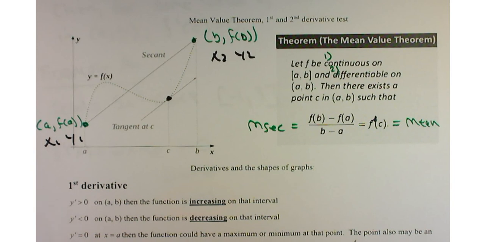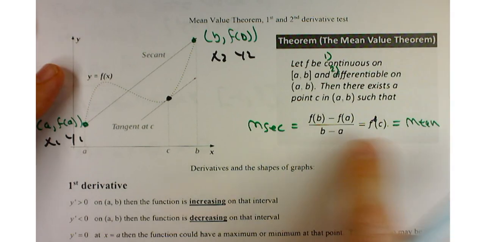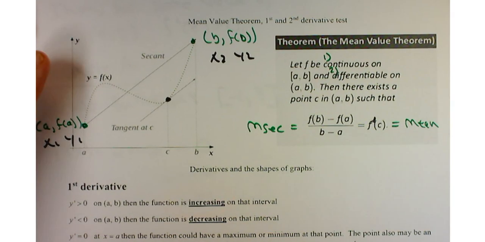Now your first glance at this might be to say, well, okay, big deal. But it actually is a big deal because this is going to give us a nice concrete footing for what we've said all along. What do we know about a function when the derivative is positive? The slope is positive.